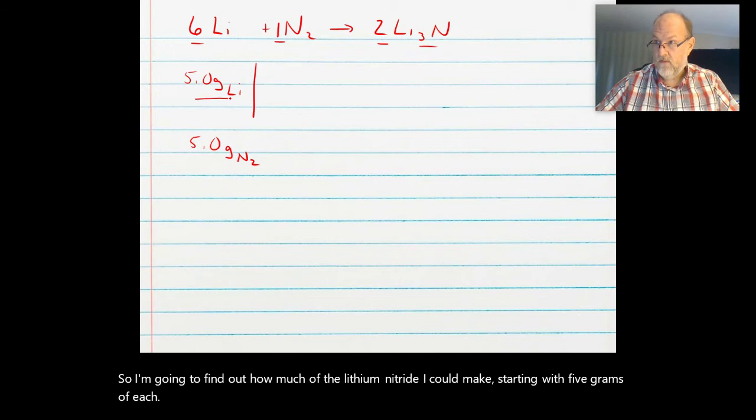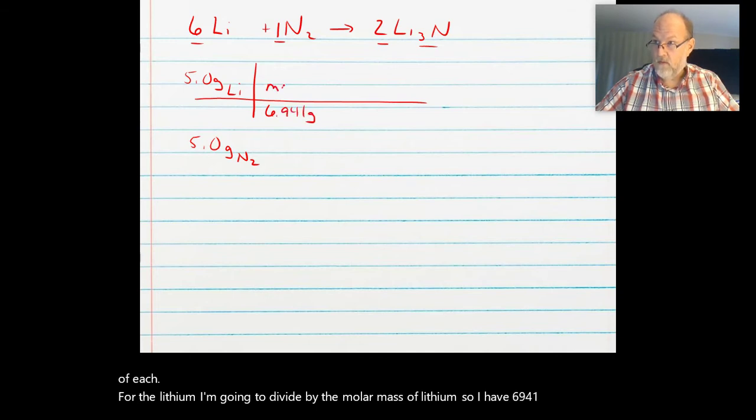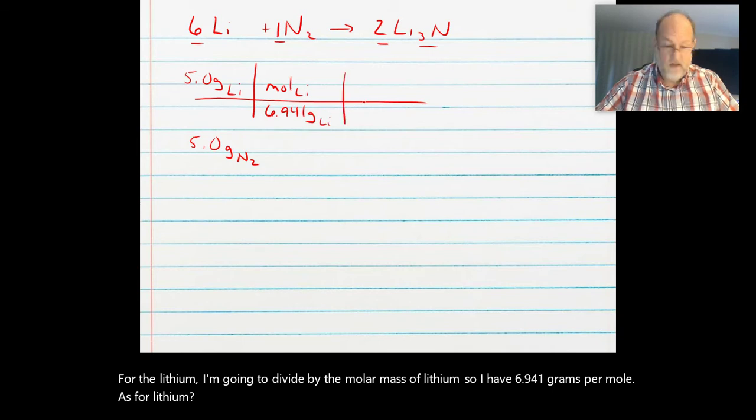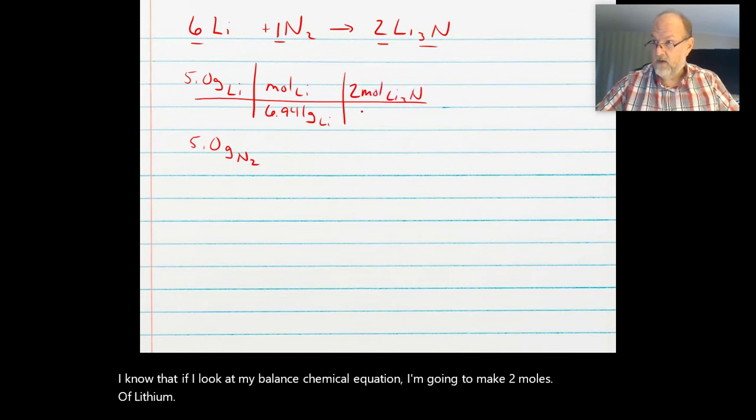So for the lithium, I'm going to divide by the molar mass of lithium. So I have 6.941 grams per mole. That's for lithium. I know that if I look at my balanced chemical equation, I'm going to make 2 moles of lithium nitride for every 6 moles of lithium.